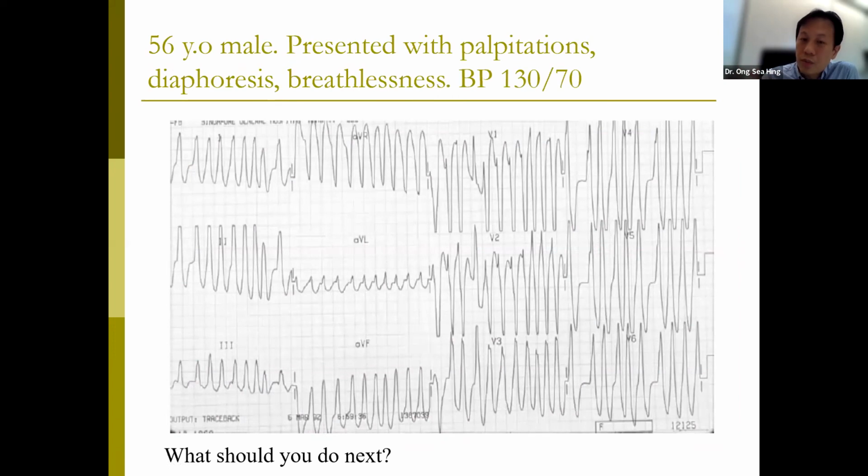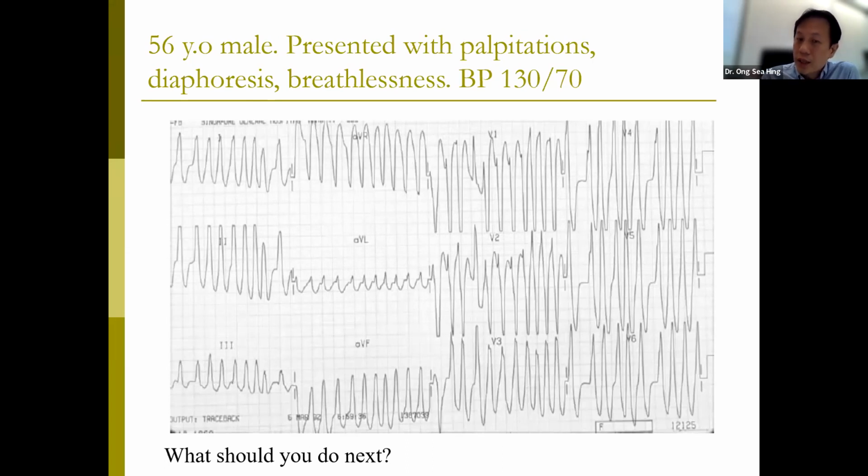And if the refractory period of the accessory pathway is shorter, you get a very fast atrial fibrillation. These patients can deteriorate into ventricular fibrillation quite easily. And that is why in Wolff-Parkinson-White syndrome, there is some risk of sudden cardiac death.